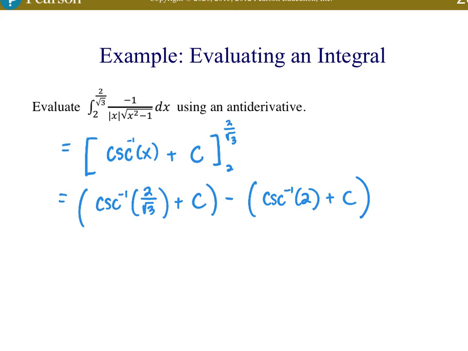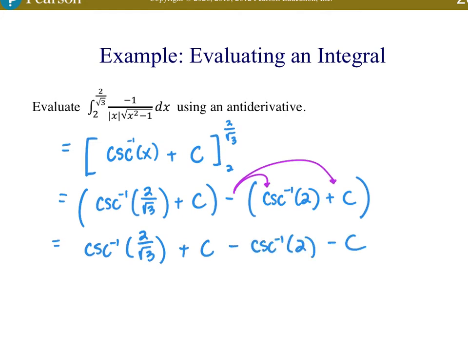So we'll distribute the negative, which will give me the inverse cosecant of 2 over rad 3 plus c minus the inverse cosecant of 2 minus c. So those plus c's and minus c's will cancel out.